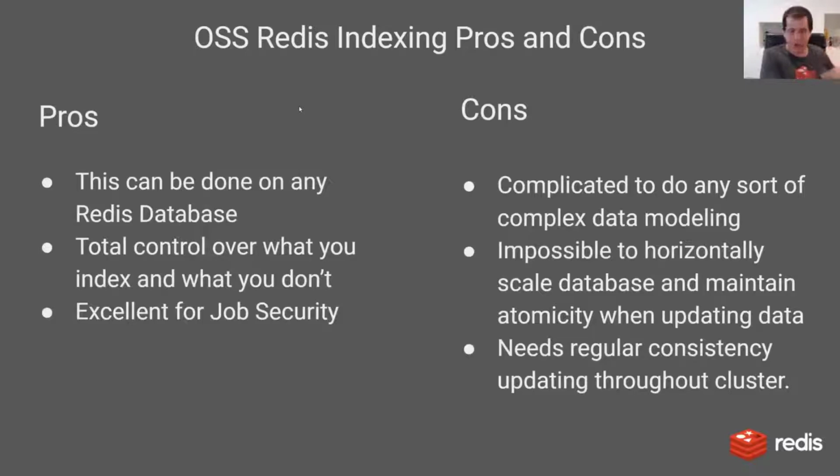And because you're now talking about different keys, like multiple sets and multiple hashes that you're looking at, you need to be able to specifically locate where in Redis they are, and they all need to be located in the same place, or you're not going to be able to operate on them atomically. Because of this, this becomes very difficult in clustered environments when you need to horizontally scale. And if you are working in a cluster, you're going to need to regularly go through and do consistency checks and updates throughout your cluster.